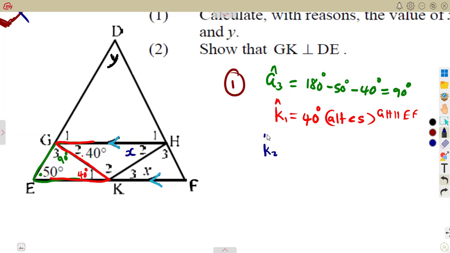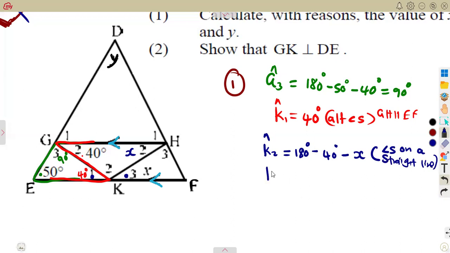So this is what I want you to see. Angle K2 is equal to 180 degrees minus, you subtract the 40 degrees, you subtract the angle X, this one that we are having. All right. Thus, we are talking about angles on a straight line. You're considering a straight line.